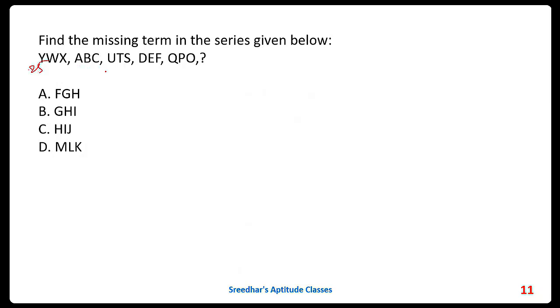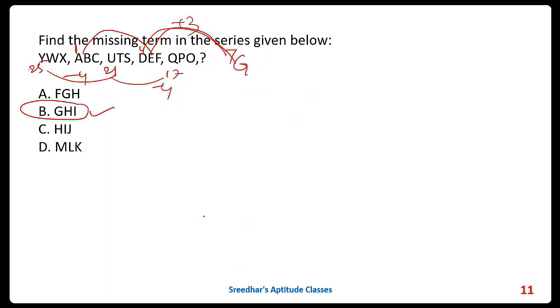Y is 25, U is 21, Q is 17. So it's -4, -4. But as we are going for alternate, here also I should go for alternate, right? So A is 1, D is 4, plus 3. Next 4 plus 3, 7. So G. Our answer should start with G, and there is only one option which is starting with G. So answer option B. The first letter should be G.